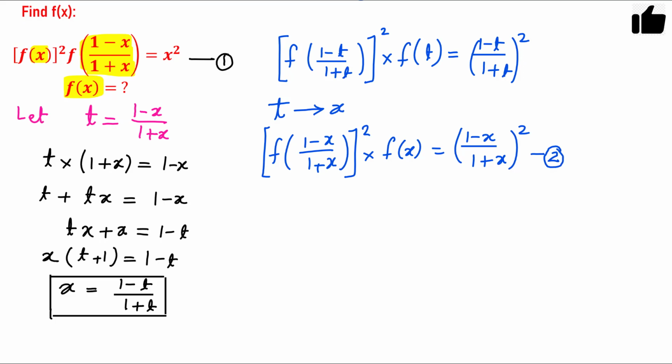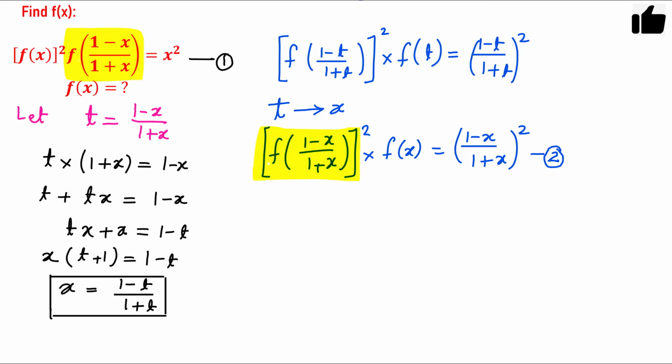Now you can see that you have this term in equation 1 also. This term, f((1 minus x) by (1 plus x)), is here, and the same term you also have in equation 1. So what we can do is find the value of this term from equation 1 and substitute it in equation 2.